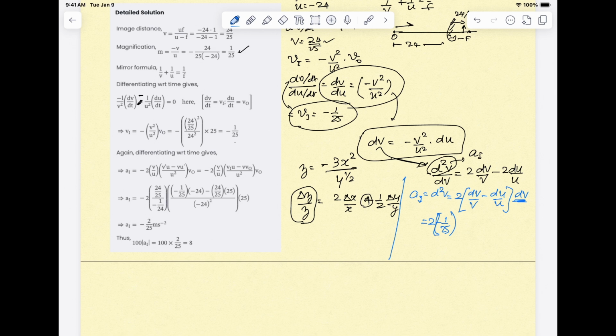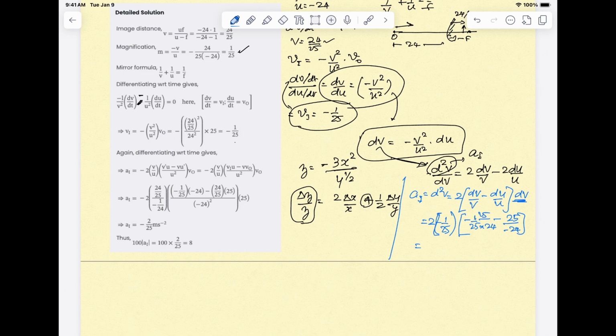Now 2 is already taken, so dv by v: dv is minus 1 by 25 and v is 24 by 25, minus, du is plus 25, and u is minus 24.